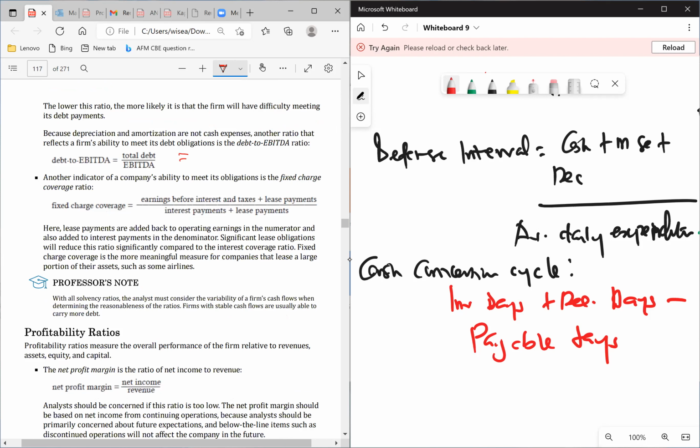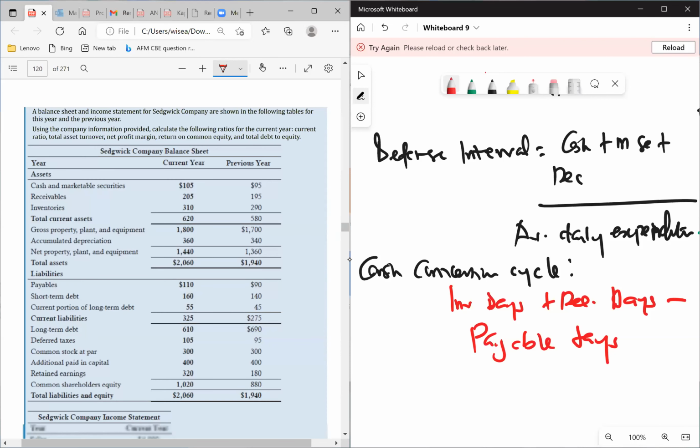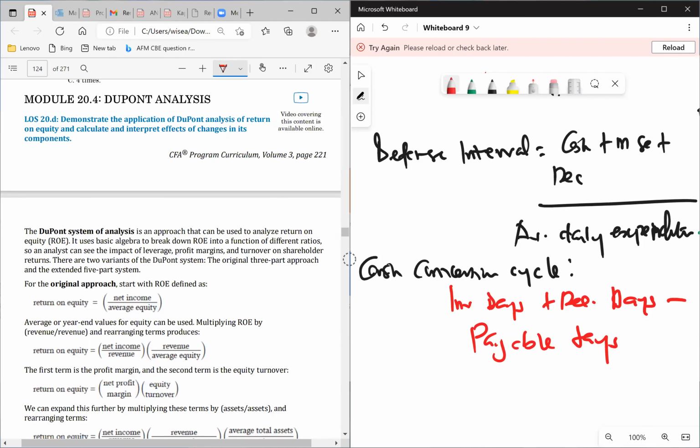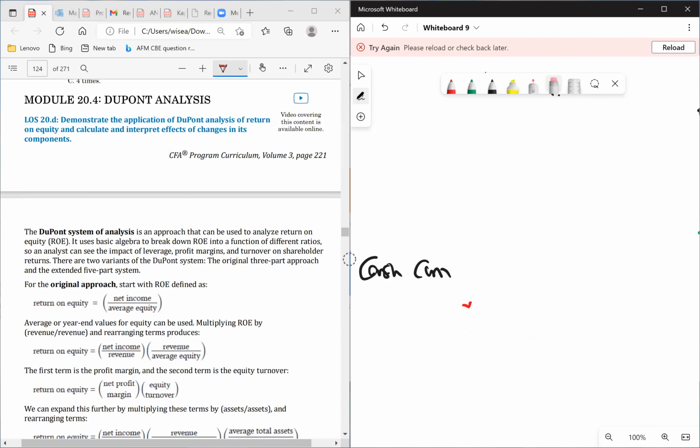So I want to quickly go to the DuPont analysis, which is something very crucial for your paper. So DuPont is trying to examine the components that make up the return on equity for investors. So he's trying to first determine ROE as a function of what?